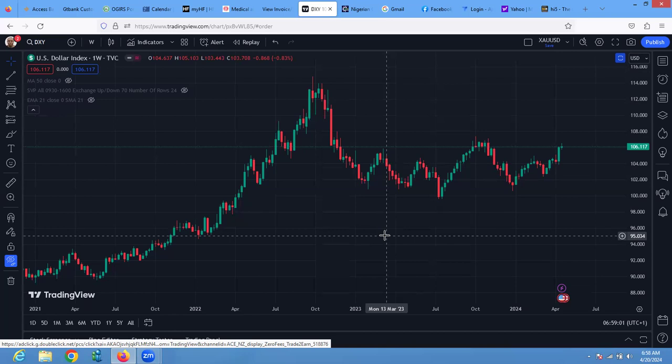Now, when you have a motive wave that is highly impulsive, when you have your wave 1, wave 2 usually corrects very shallow.